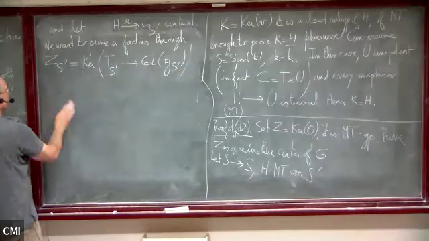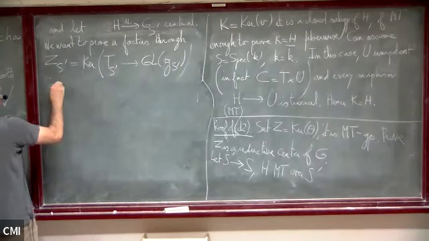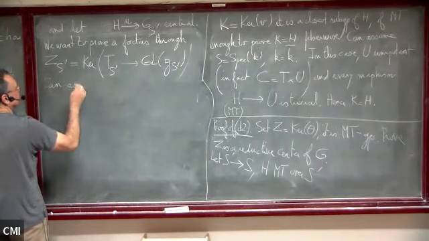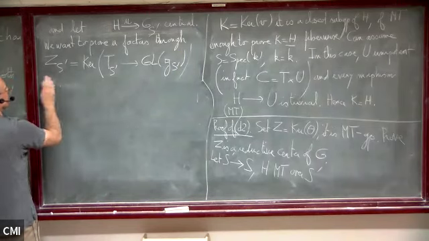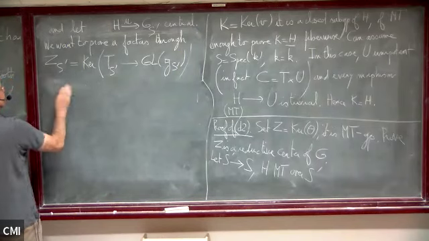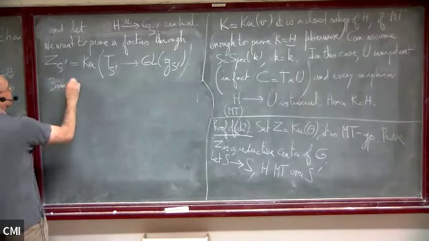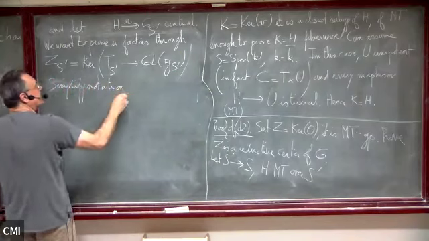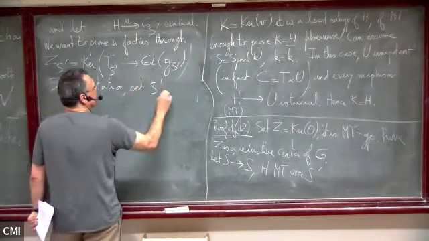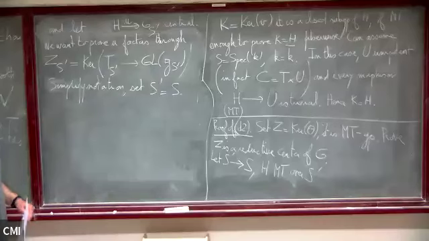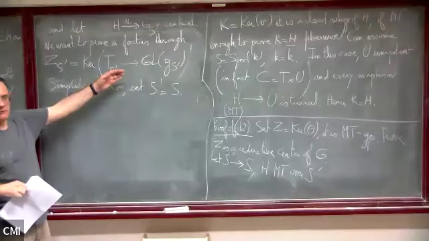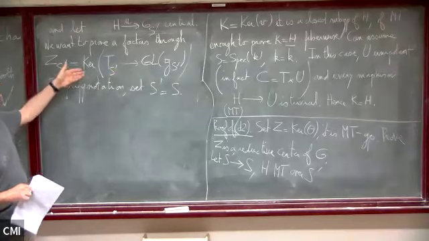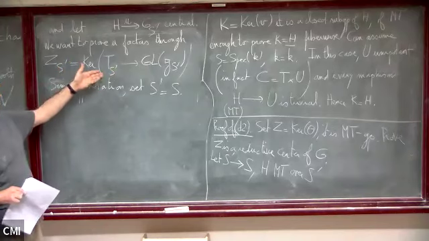So we can simplify notation, and assume, so it's enough, okay, so we can simplify notation and set S prime equal to S. I don't want S prime everywhere, but what I want to prove doesn't change if I go to S prime.